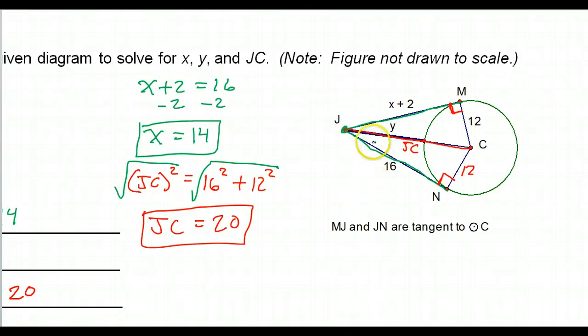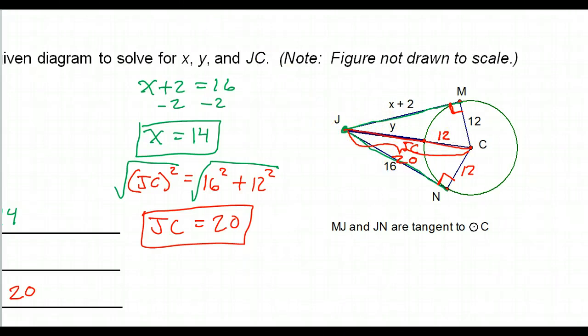Now hopefully this is going to seem pretty easy to you, because now that we know that JC is 20, that's this entire length from here to here is 20. If the whole thing is 20, and we know that the radius here is 12, every radius is 12, then y plus 12 had better add up to be 20.